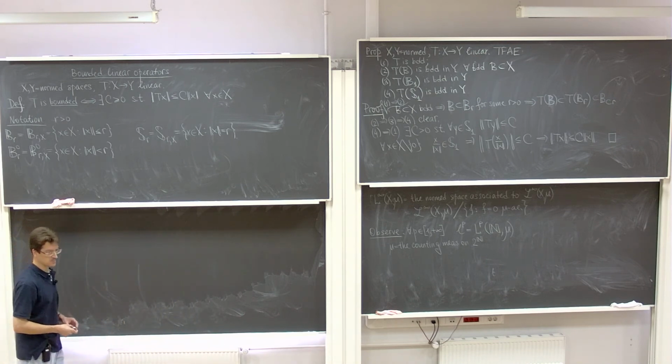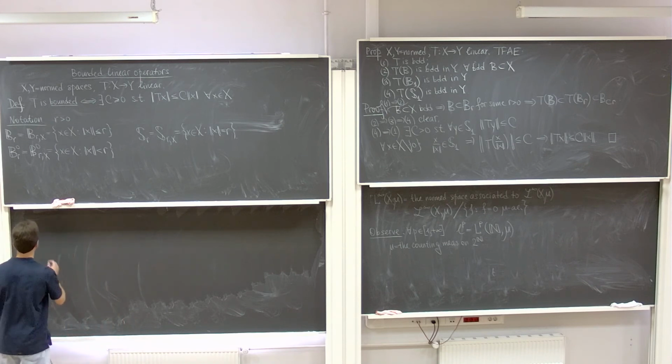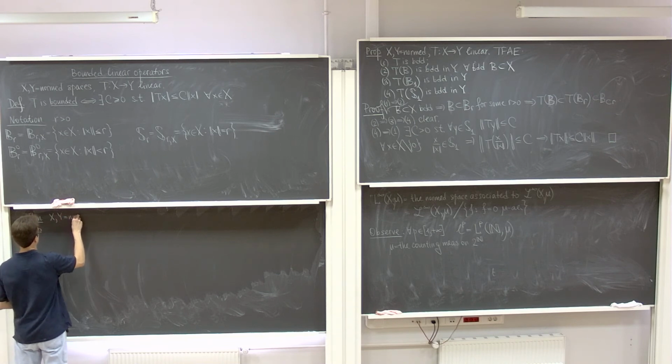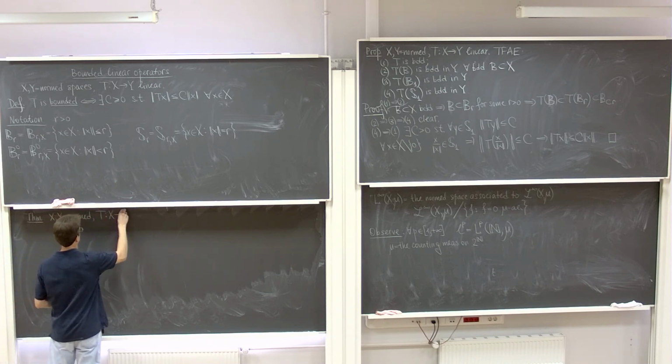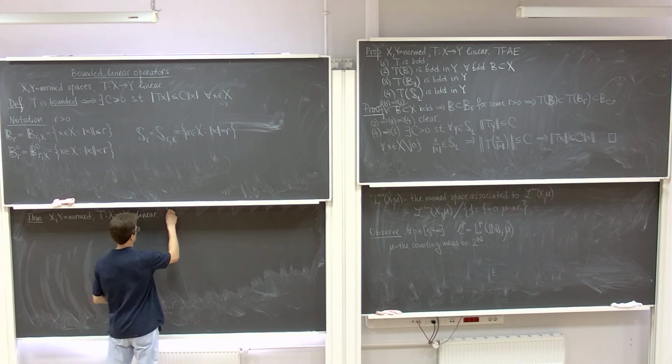Okay, let's now give a topological criterion for bounded linear operators. We have the following theorem. Again, suppose that X and Y are normed spaces, and suppose that T is a linear operator from X to Y. Then the following conditions are equivalent.